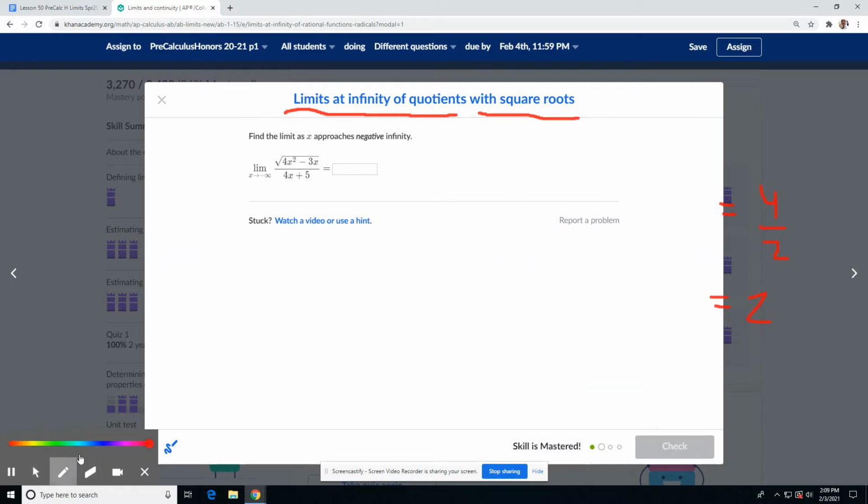Okay, so same kind of problem it looks like. What takes over as we go to infinity is just the 4x squared under the square root sign. And we have a 4x on the bottom. That would be the leading term or variable on the bottom.